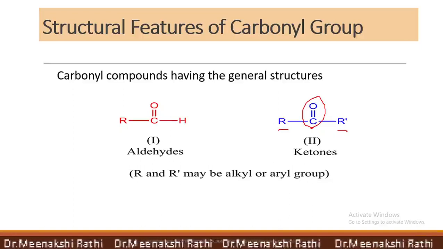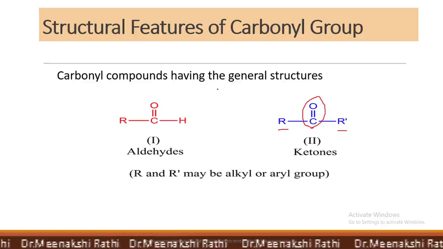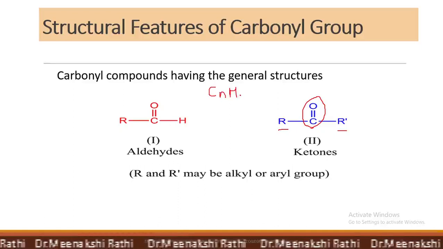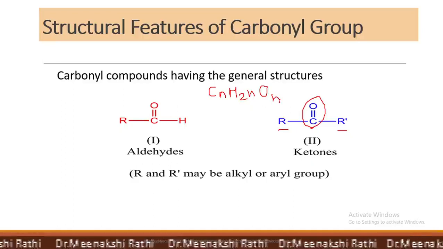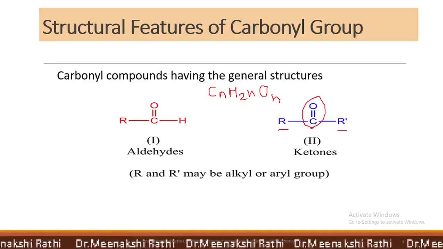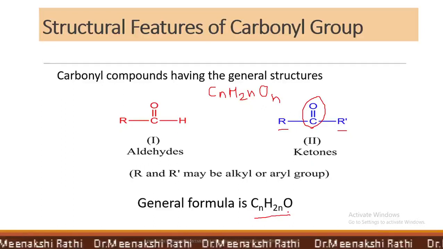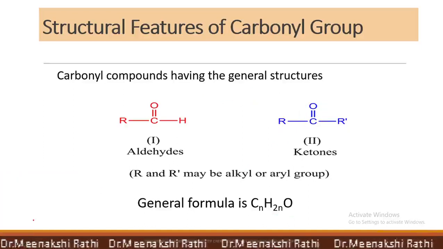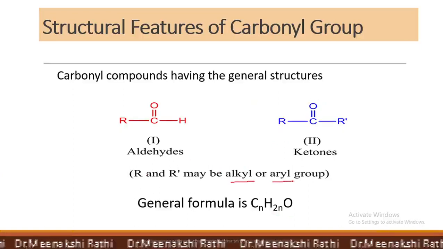And as I told you, aldehydes and ketones both are functional isomers of each other. Their general formula is CnH2nO. This is their general formula. Now the R group which is attached to the carbonyl group may be an alkyl group or an aryl group.